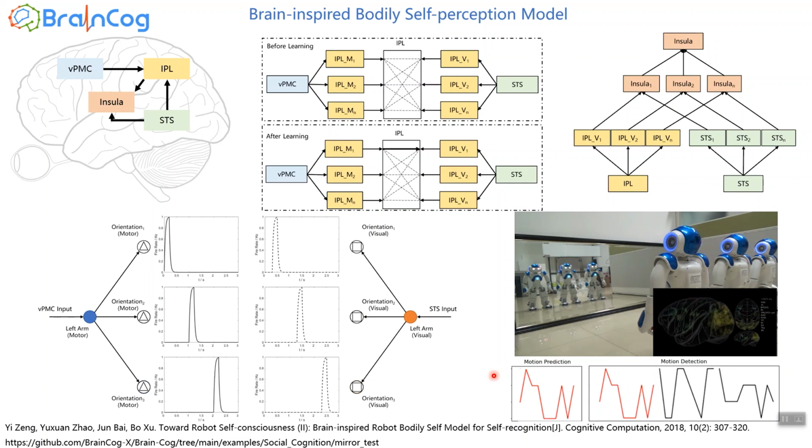Among the three visual motion tracks detected by STS, the leftmost track is consistent with the prediction in the IPLV, which activates the insula, indicating that the robot believes that the leftmost motion track is generated by itself.